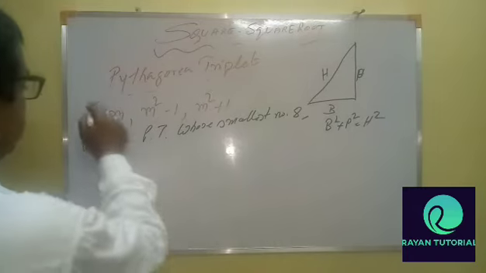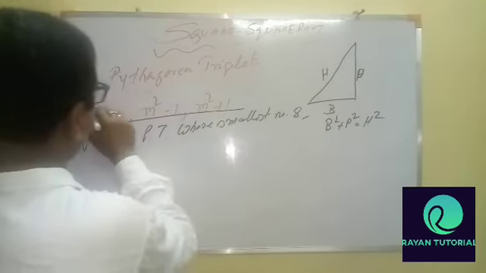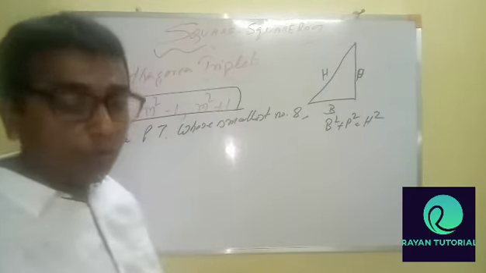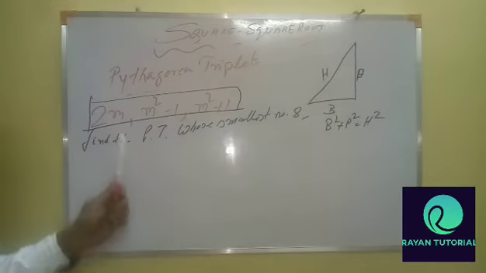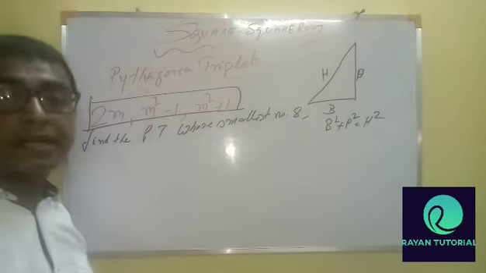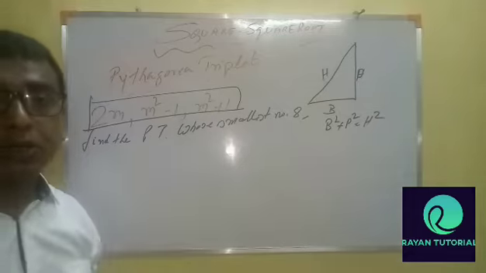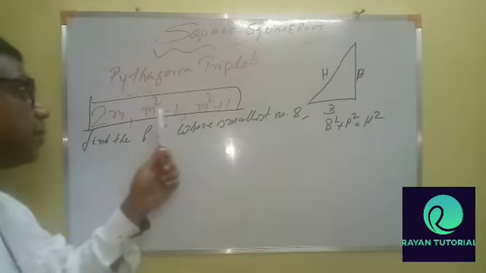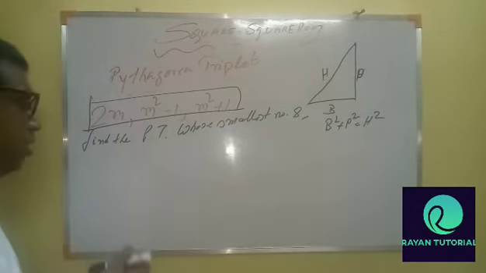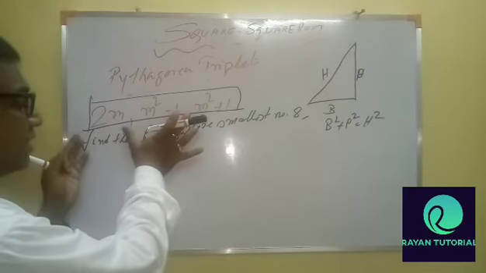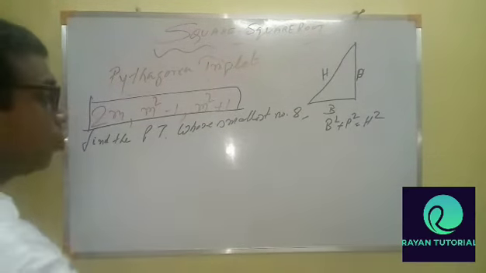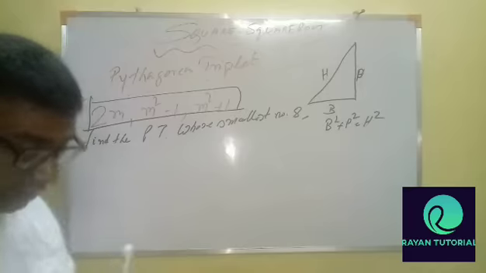So always remember this form or this formula. This is 2m, m square minus 1, m square plus 1. This is the Pythagorean triplet. Now we have to find these three numbers whose smallest number is 8.